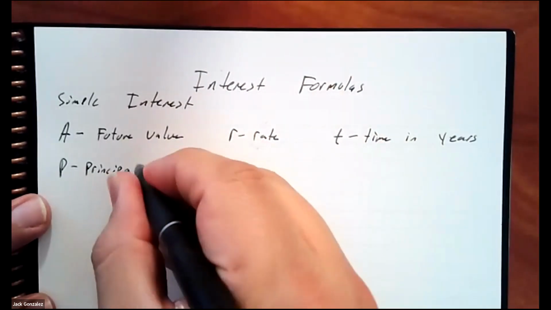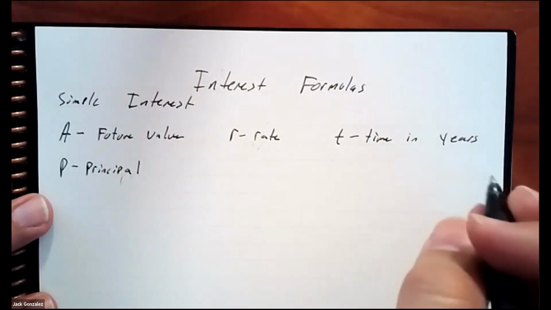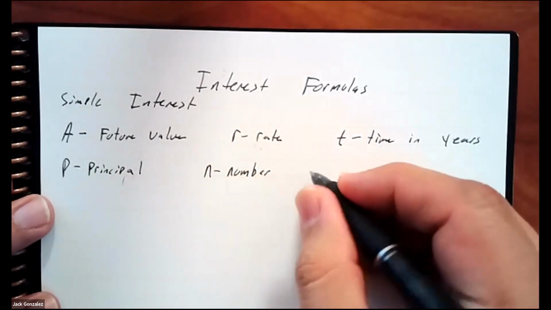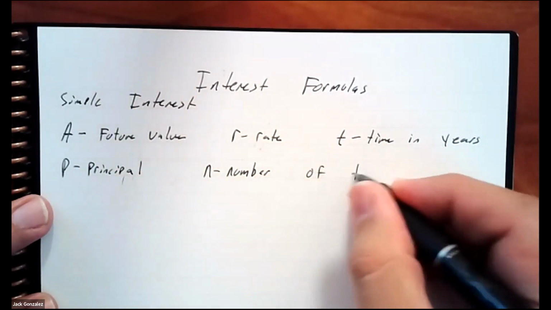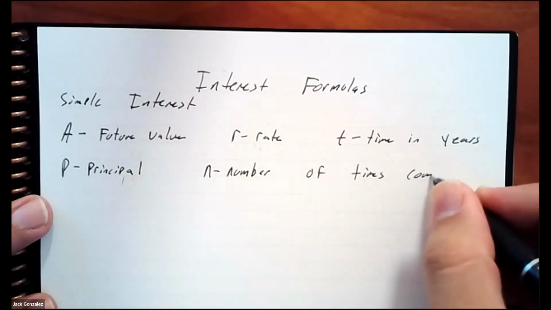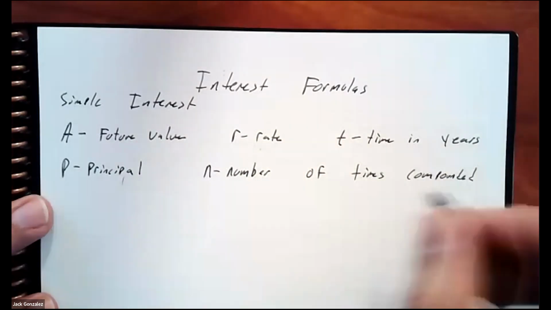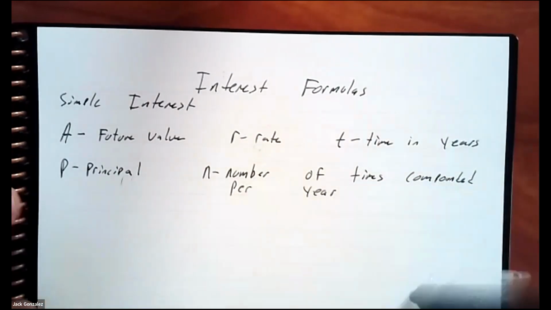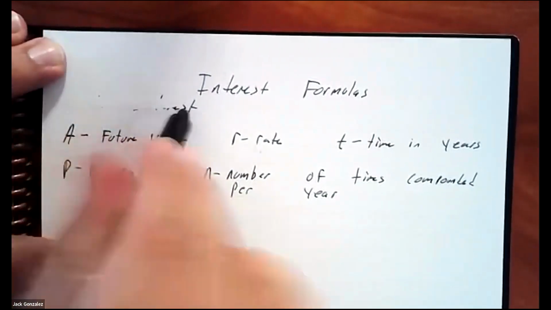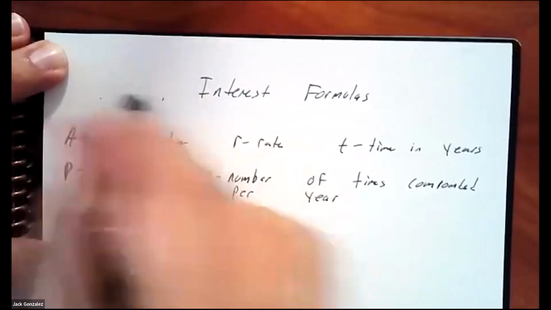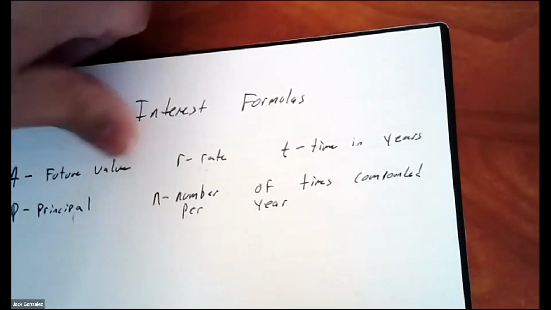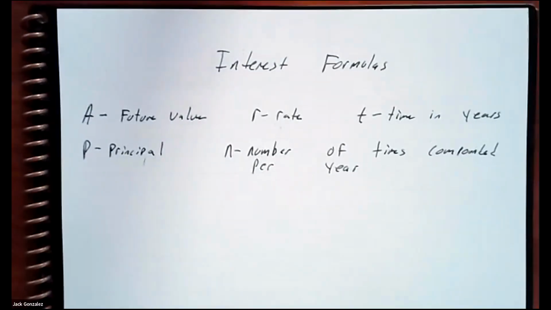Let's forget, it's the other principle. Number of times compounded per year is what n is.